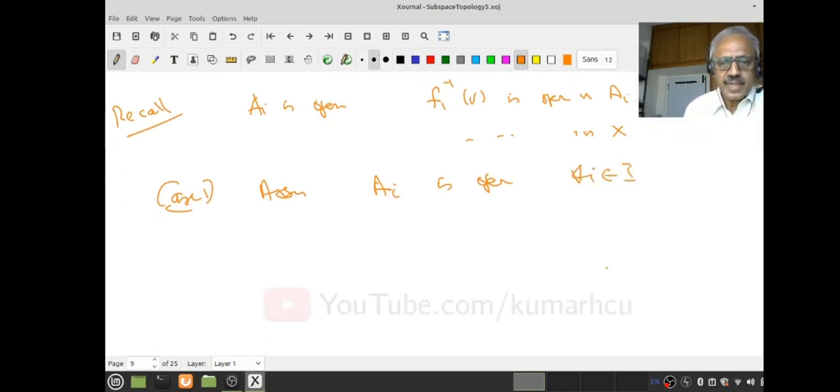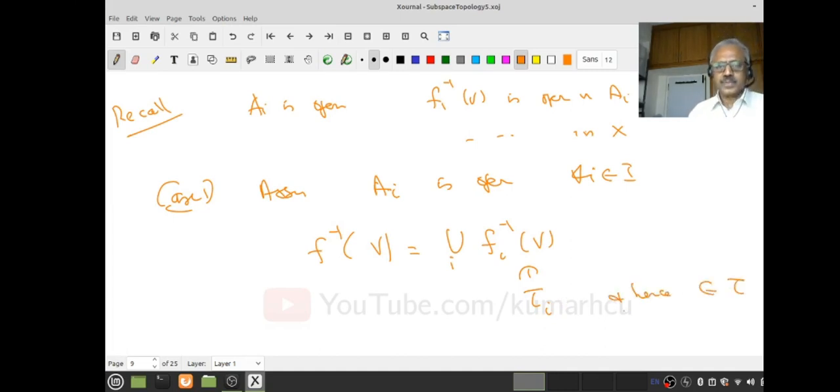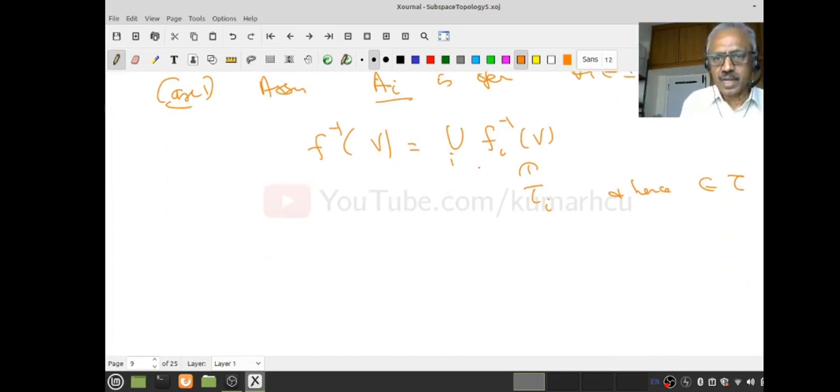Then f inverse of V is the union over i of f_i inverse of V. These are open in tau_i, and hence they also belong to tau because the A_i are open. This is a union of open sets, therefore this is open. Hence, f inverse of V is open.